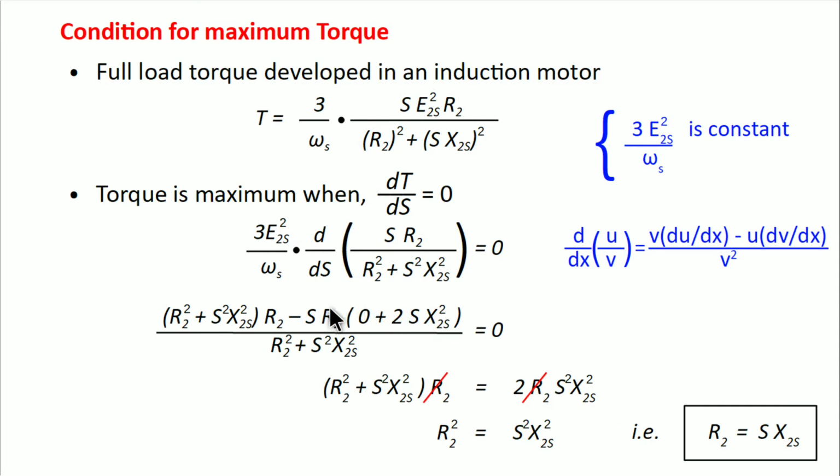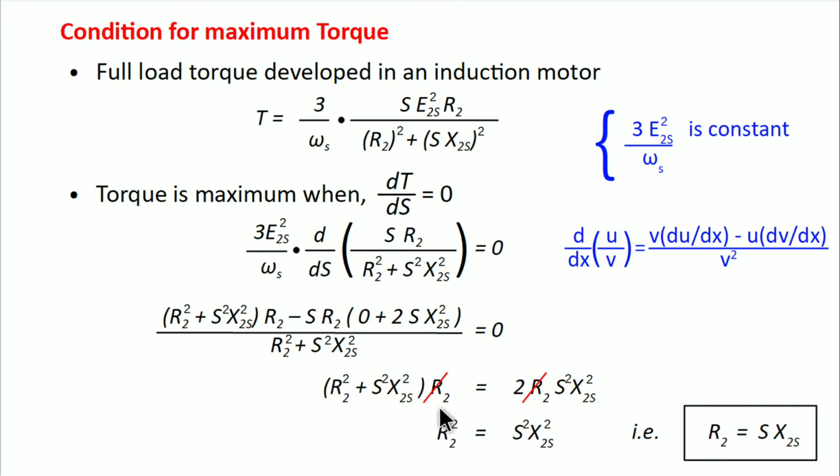These two terms multiplied come out to be, since we have shifted it to the right hand side, the minus sign becomes positive. So here it is 2S square X2S square, and on the left side it is S square X2S square. When we take it to the right, 2 minus 1 becomes 1 S square X2S square. So the final expression is R2 square is S square X2S square.